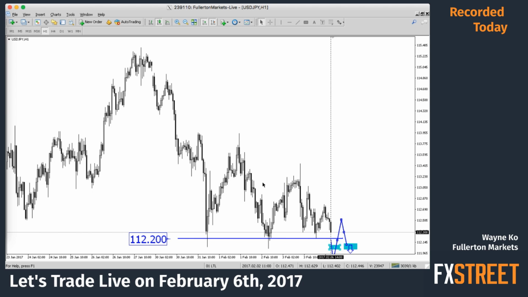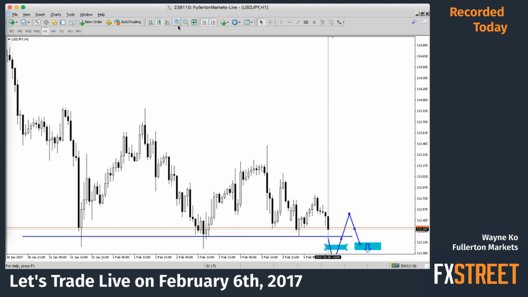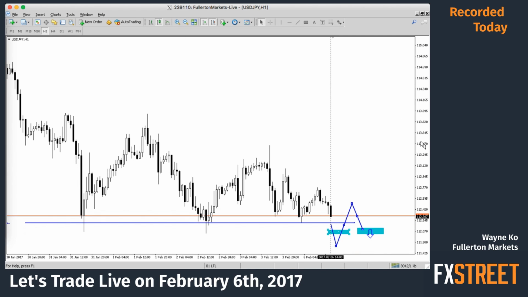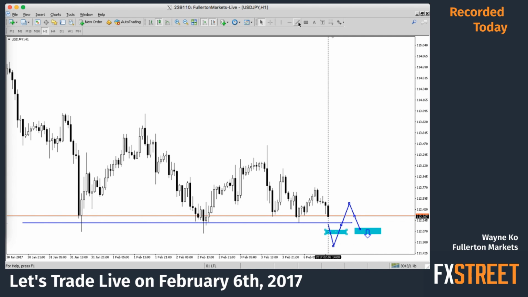And then of course, the other possibility would be if the candle did not close below, it's sort of with a shadow going something like this.